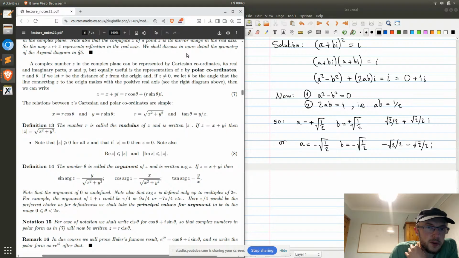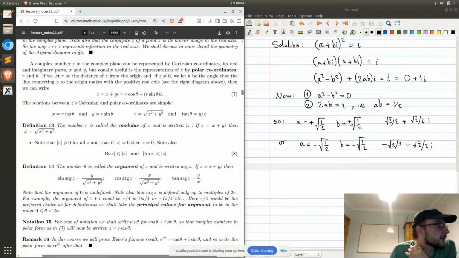But equally useful is the representation of z by polar coordinates r and theta. If we let r be the distance of z from the origin, and if z is not 0, we let theta be the angle that the line connecting z to the origin makes with the positive real axis, then we can write this.